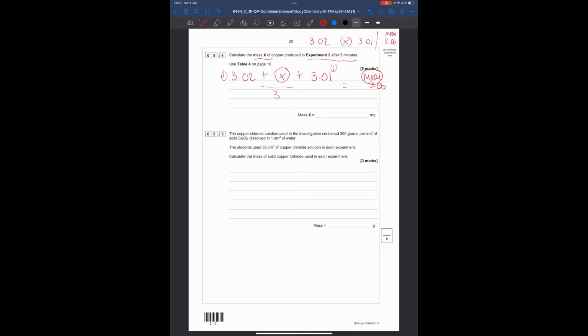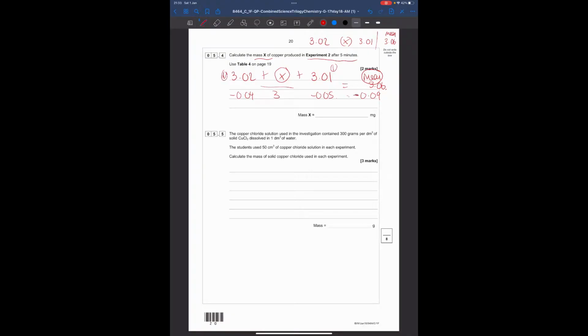So 3.02 is 0.04 less than our mean. So negative 0.04 below our mean. Our third experiment is 0.05 below our mean. So both of these values that we've got give us a total of being 0.09 below our mean.